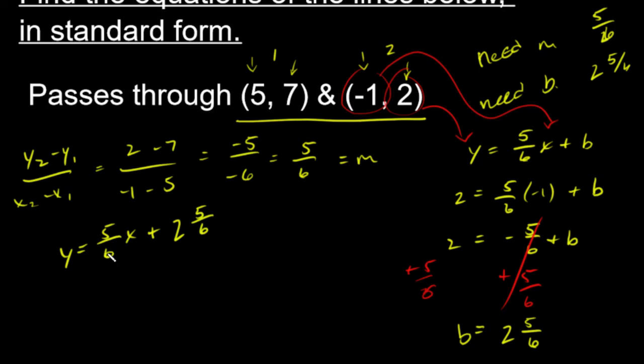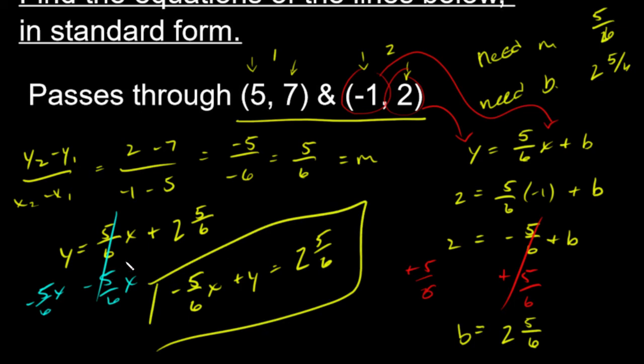And now you're one step away from getting this into standard form. You just subtract the 5/6 x to the other side. You get negative 5/6 x plus y equals 2 and 5/6. There's your answer.